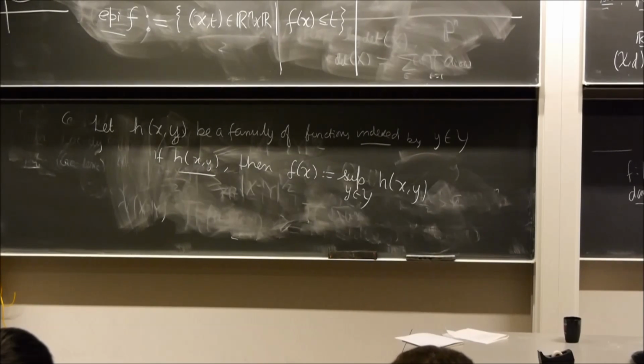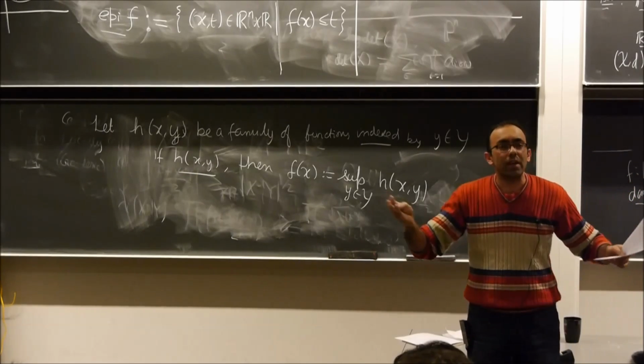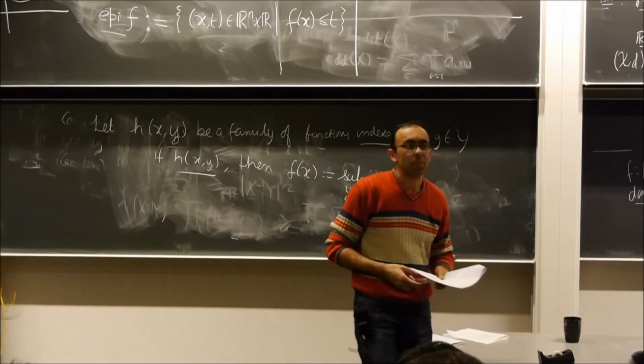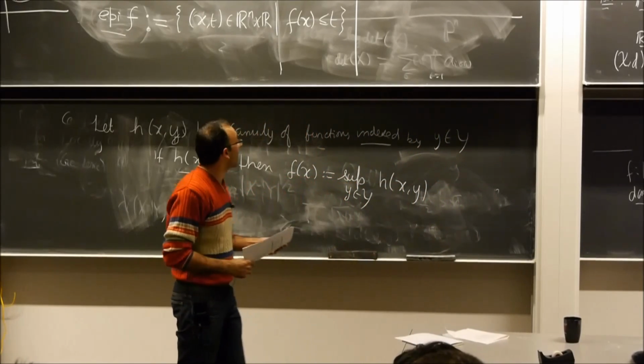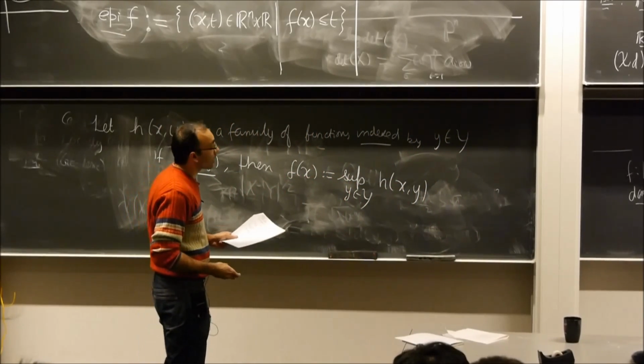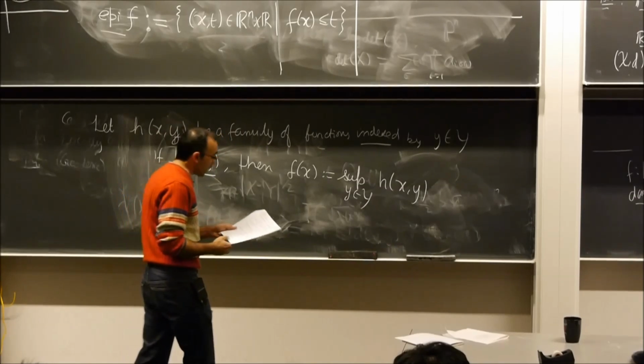So the act of marginalizing out in the world of convex functions is taken over by sup. This connection is important because there's an entire field in algebra called max-plus algebra and tropical algebra where people actually exploit this connection. Anyhow, that was a side remark.